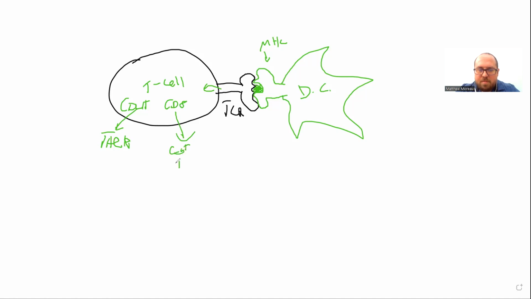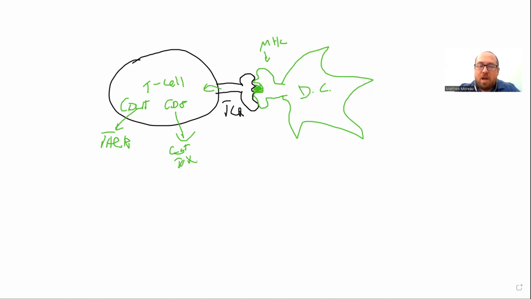cytotoxic T cells. And again, if we think about this, right, any type of tissue that you have, any type of tissue in your body can become tumorigenic, right? So there has to be an ability to recognize endogenous antigens, just like when you have a viral infection, all of those antigens are going to be expressed on MHC class 1 because they're endogenous. Because again, viruses are obligate endoparasites.